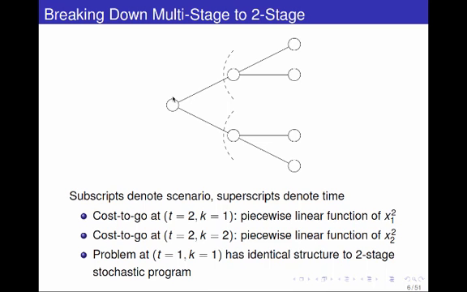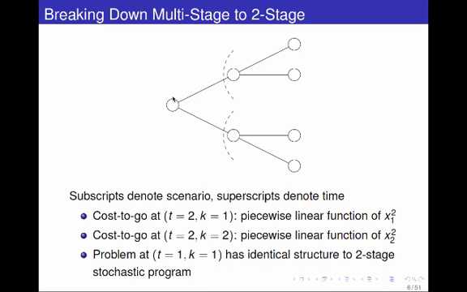When I'm sitting here, I'm trying to minimize some cost C transpose x plus V of x. And this V of x is the expectation of the cost here plus the cost here.